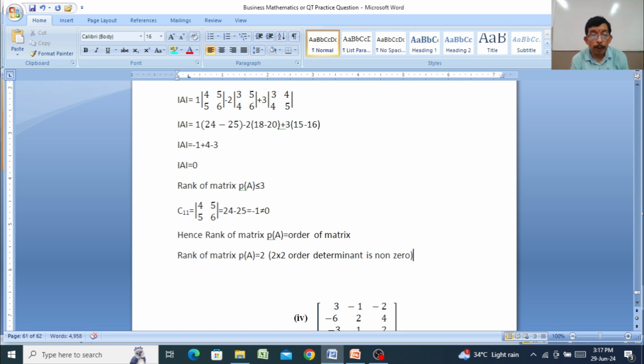Clear? Rank of matrix is 2 because the 2 by 2 order determinant is non-zero.